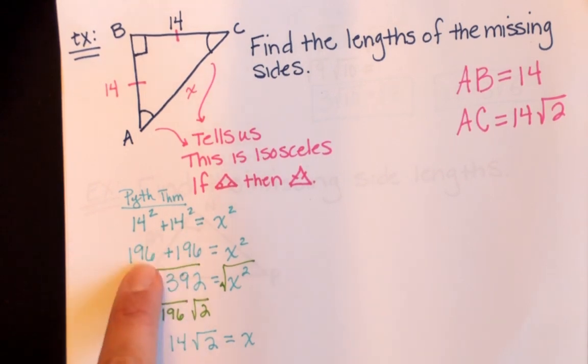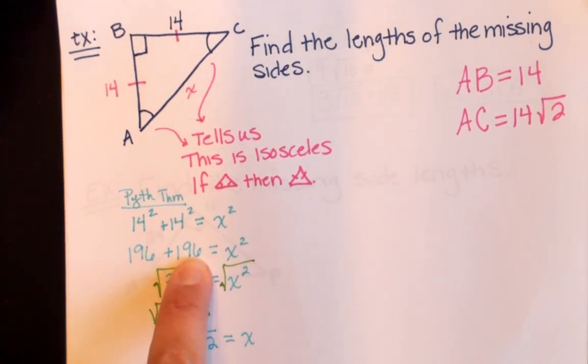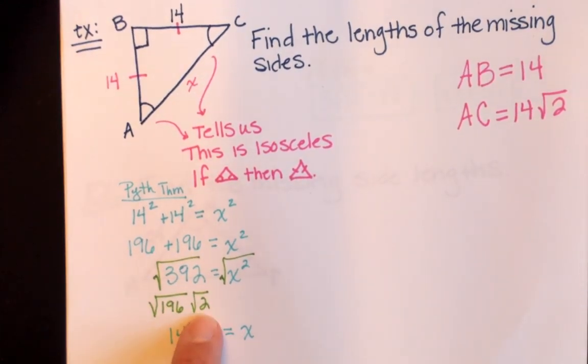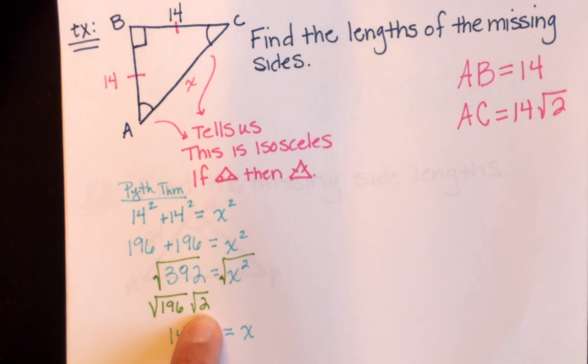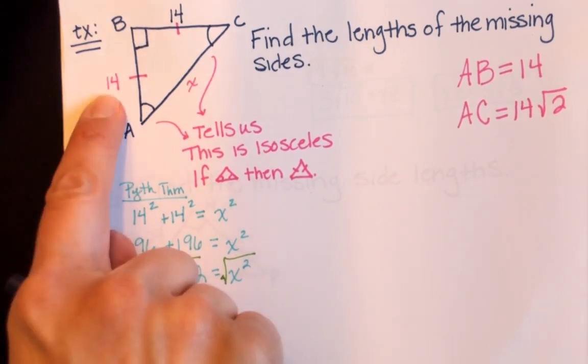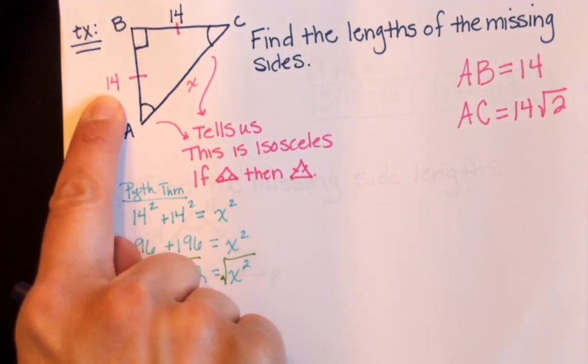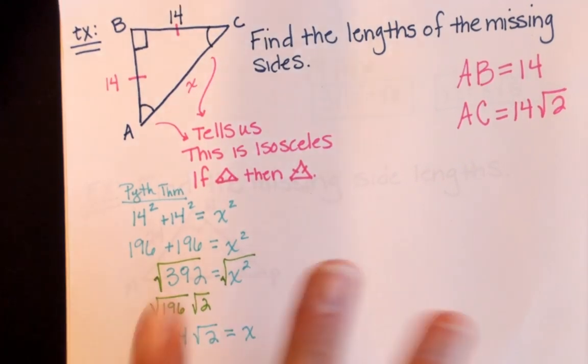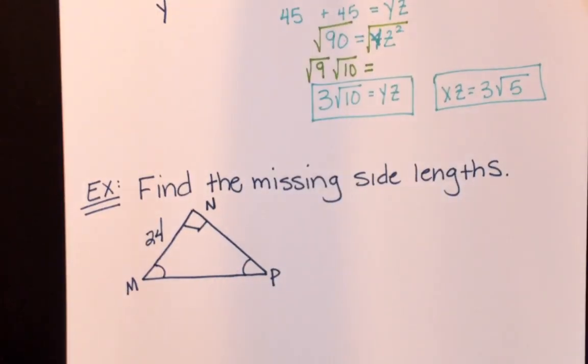We saw that 196 popped up, and then when we simplified, we could tell that it was 196 times 2, which got us 14 radical 2. Notice this 14. That's what we had up here, and it showed back up down here. So just keep that in mind, and we're going to come back to this one.